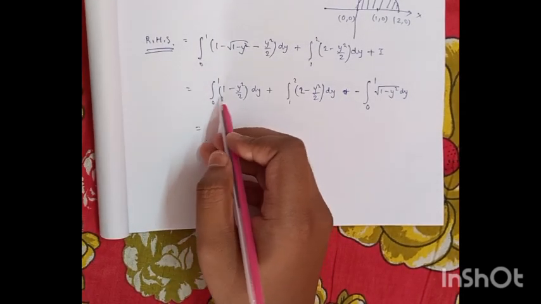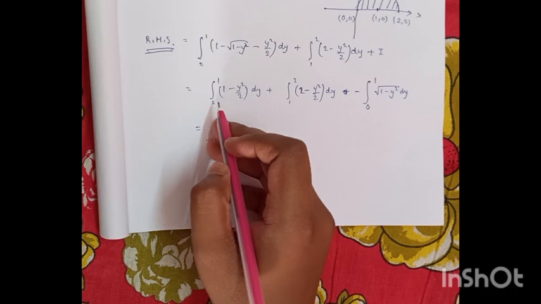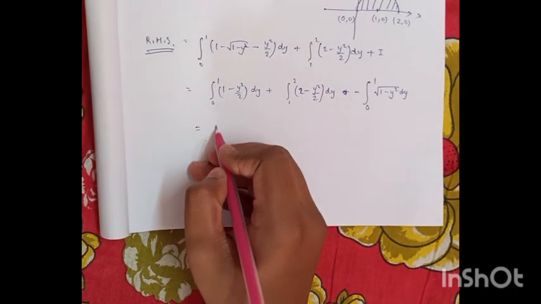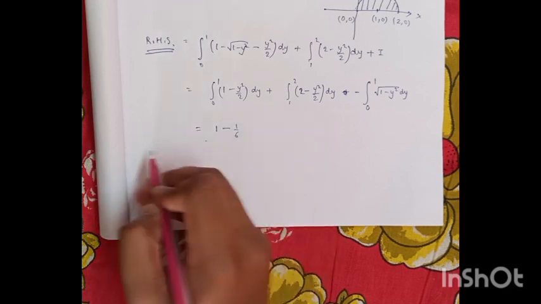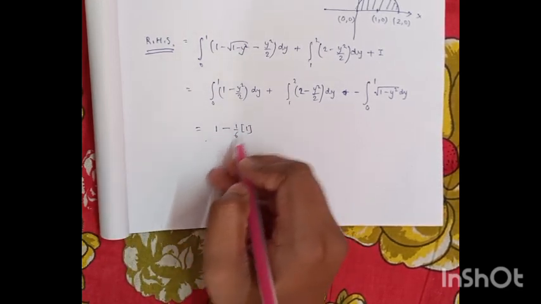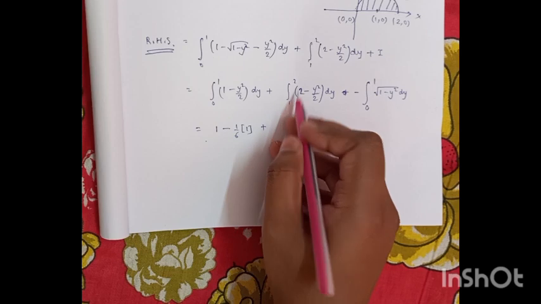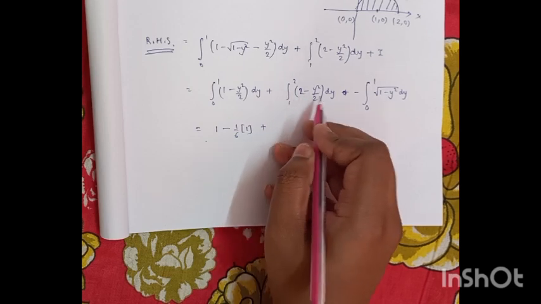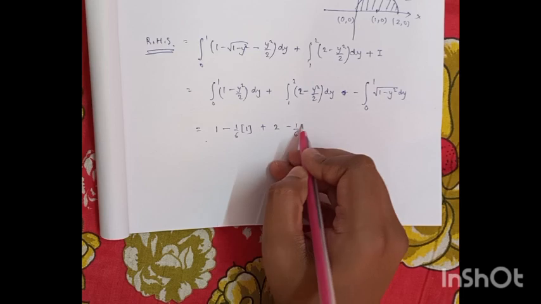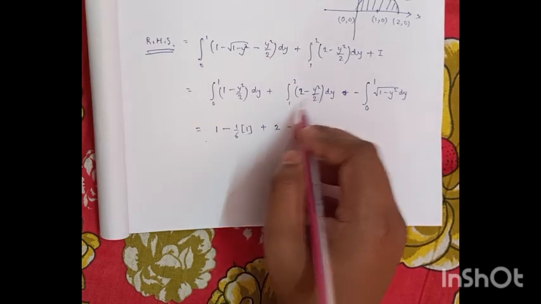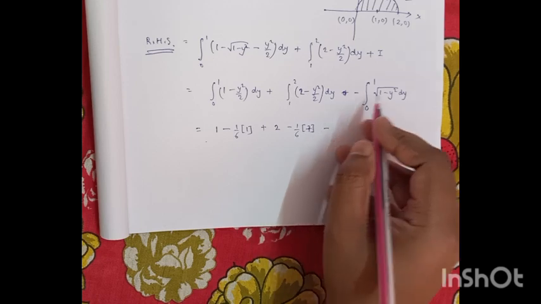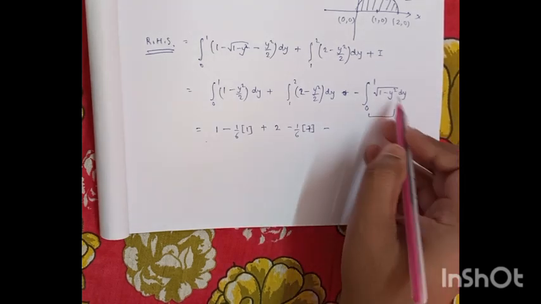The first integral can be evaluated easily, as this will be equal to 1 minus 1 over 6 and again 1 here. So it is basically 5 by 6, and here it can be evaluated as 2 times 1, so 2 minus 1 over 6, then 2 cube minus 1 cube, so 7. And then this integral you have to evaluate.